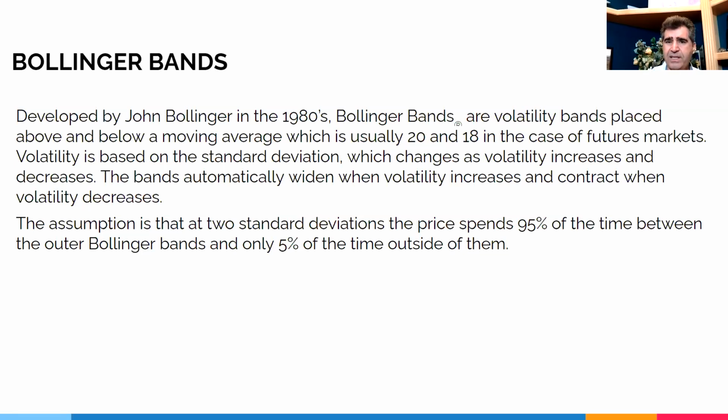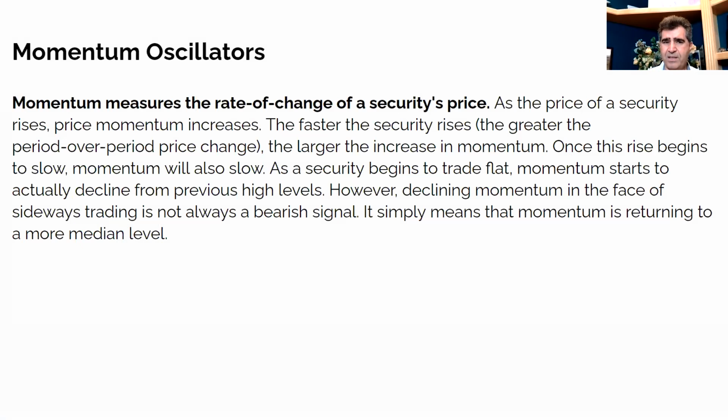And last but not least, part of this is the momentum oscillator. It's an oscillator that allows us to see how fast an underlying asset or security is moving, and in which direction. For our purposes, it goes back to the 14.